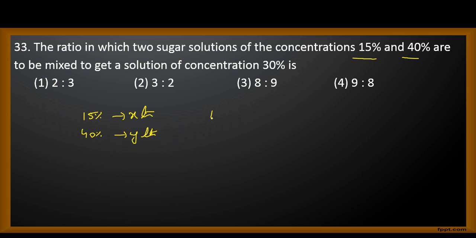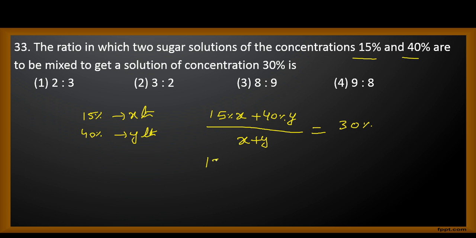Let us equate the percentages. 15% of x plus 40% of y, I am taking sugar in both cases, divided by the total quantity, x plus y, because we are taking x liters from the first one and y liters from the second one, so that the percentage will become 30%.